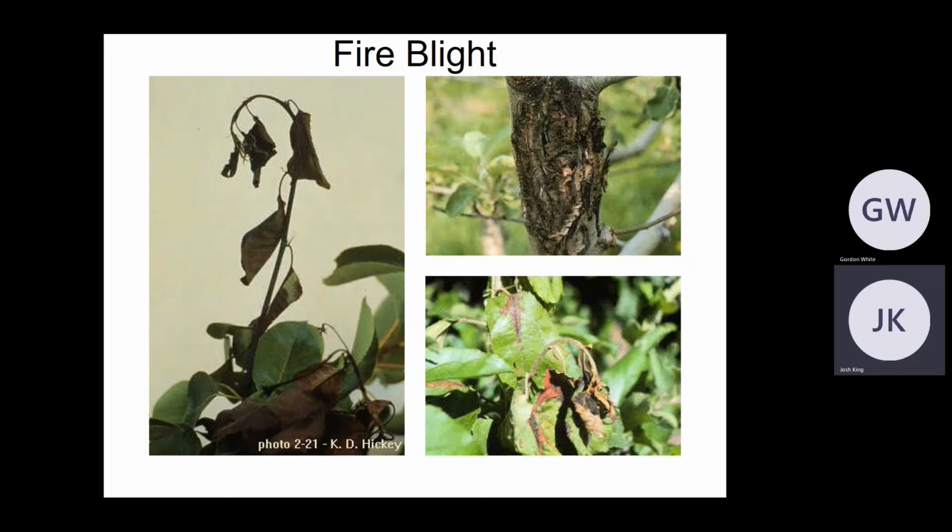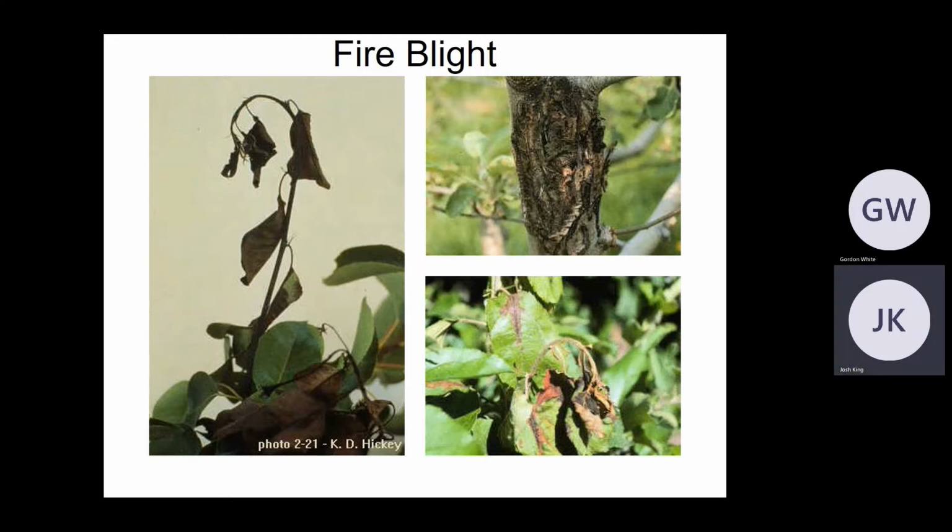But this looks like it's representing the canker that forms in the trunk or the branch, and this may be a bad picture, but it kind of looks like that, sunken, depressed, and discolored.